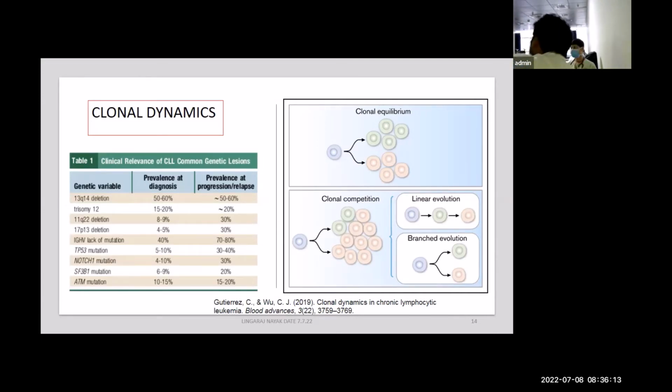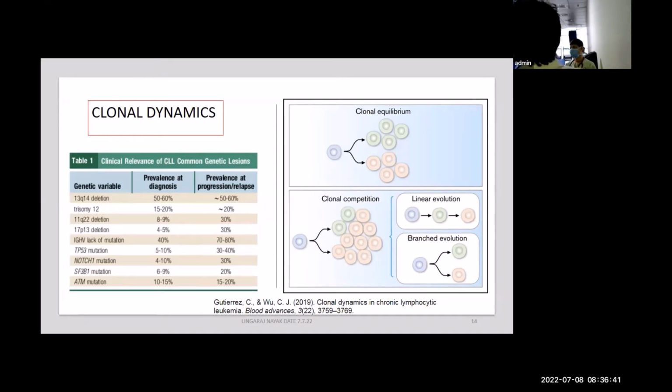To give you an example, see these cytogenetic findings at diagnosis and relapse. 13q and trisomy 12 at diagnosis are 50%, and trisomy 12 is 20%. If you see the prevalence at relapse, it is the same. It is not changing. But 17p, 11q, TP53 at diagnosis is 5 to 10%, and at progression is 30 to 40%.